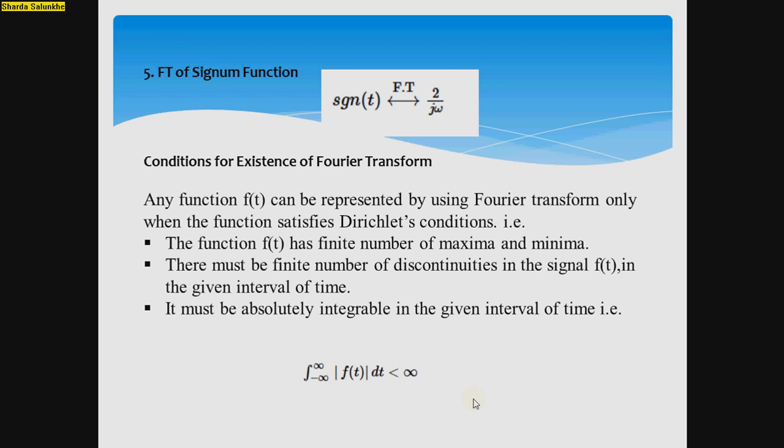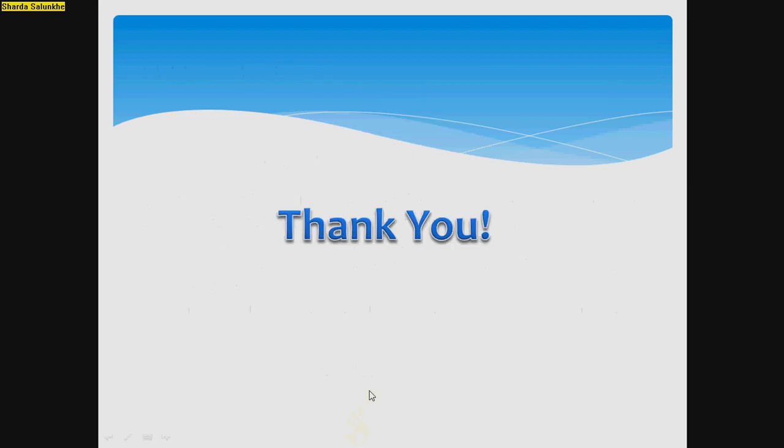That is, f of t has a finite number of maxima and minima, and a finite number of discontinuities in the given interval of time, and it must be absolutely integrable in the interval of time, that is, the integration from minus infinity to infinity of modulus of f of t dt is less than infinity. So this is the existence condition of the Fourier transform. Thank you.